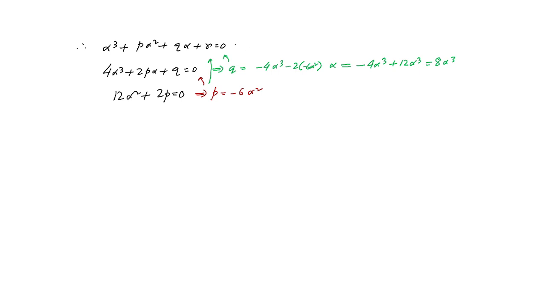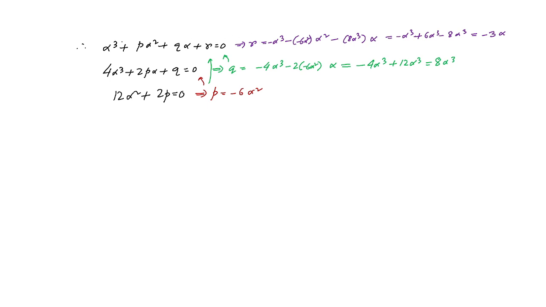We put the value of q and p here. What will be the value of r? r is minus alpha to the power 4 minus p alpha square minus q alpha. Putting p as minus 6 alpha square and q as 8 alpha cube, that means minus alpha to the power 4 plus 6 alpha to the power 4 minus 8 alpha to the power 4, so minus 3 alpha to the power 4.